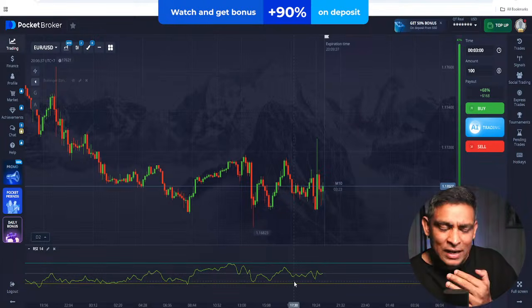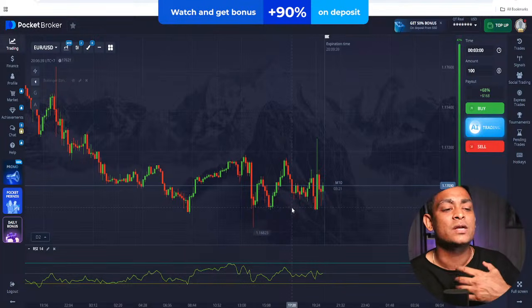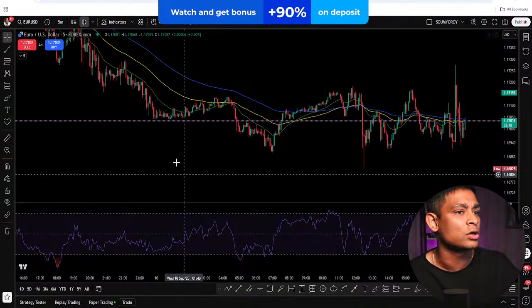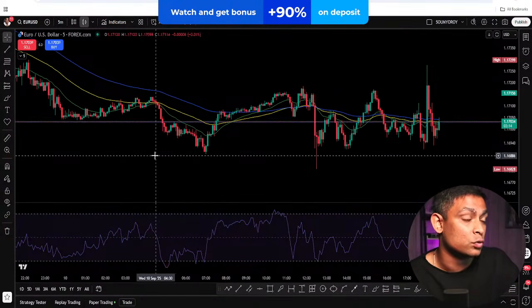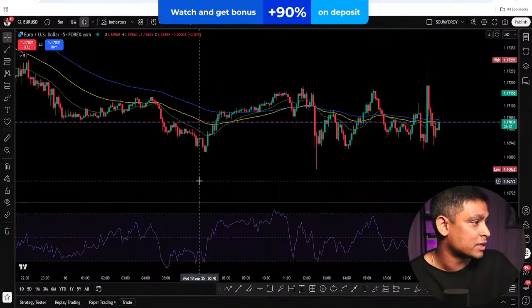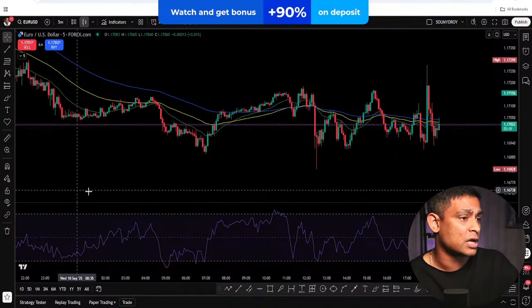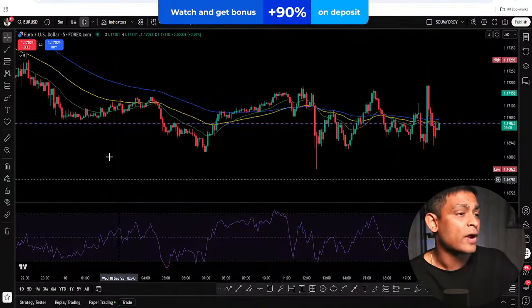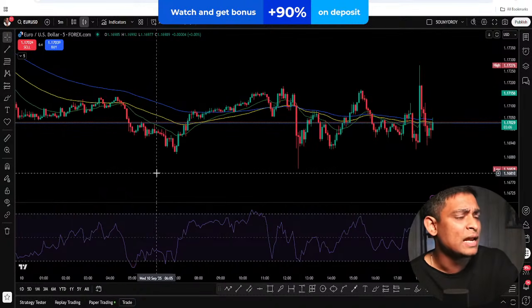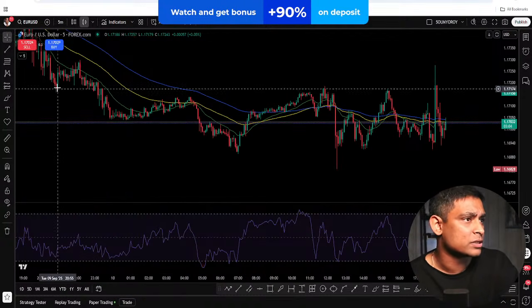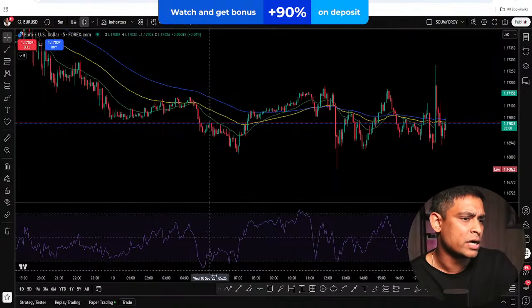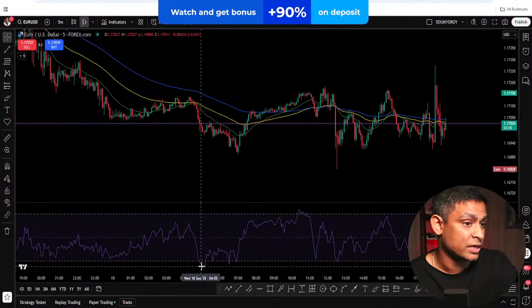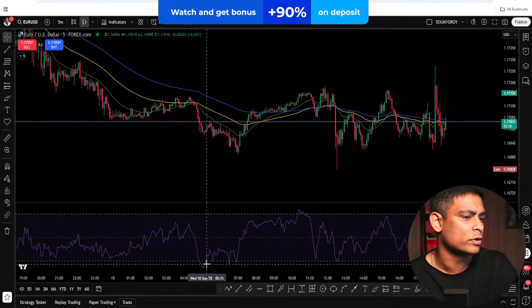The 50 line is your decision making zone. Now let me explain it to you in a clearer way, and I want to take you to the TradingView chart. I am sure you can see this and everything is clear in front of you, right? So let's look at this. This is our basic candlestick chart, and here we have the Relative Strength Index. You can see the price was oversold, right?